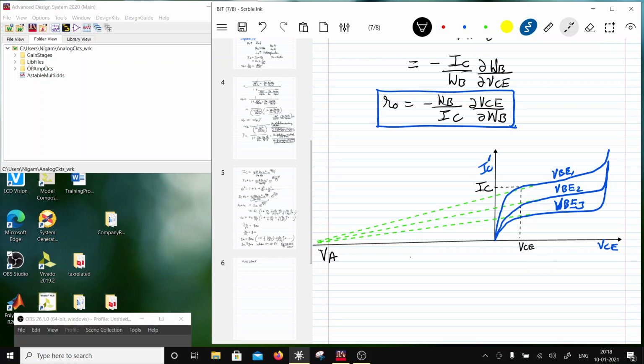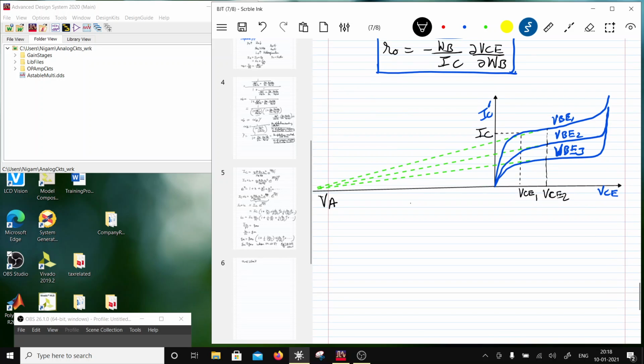So if I consider this triangle and then I consider IC dash, so this is IC dash at another VCE, right? So VCE1, VCE2.